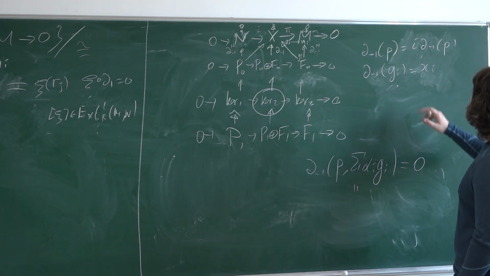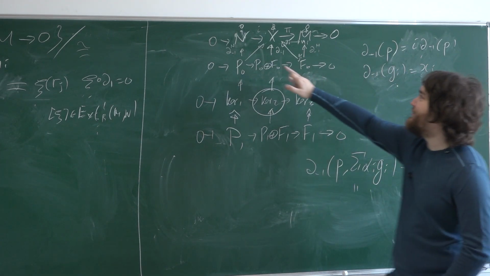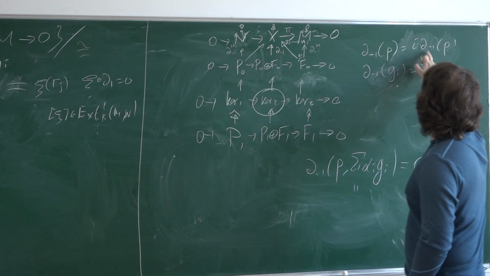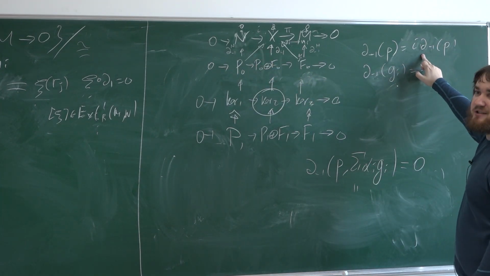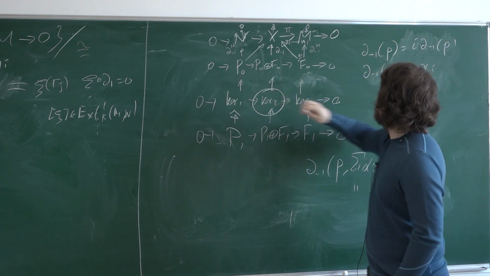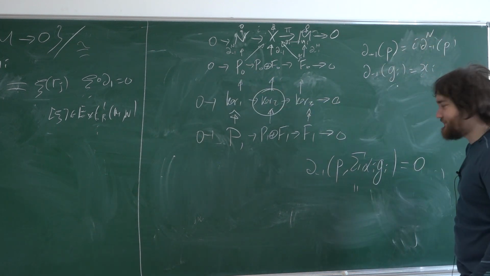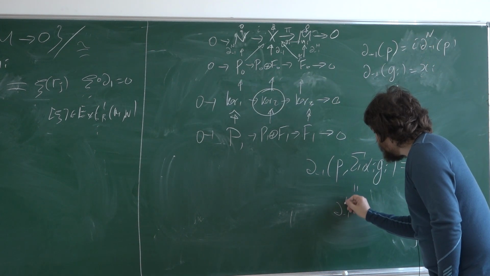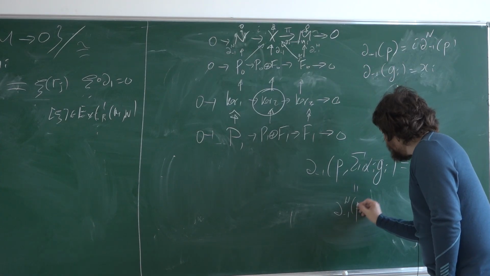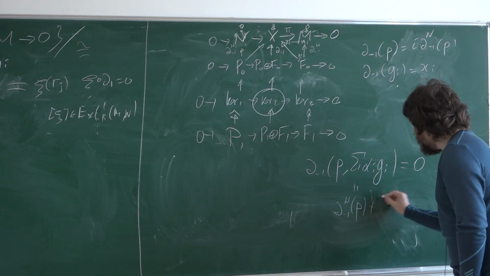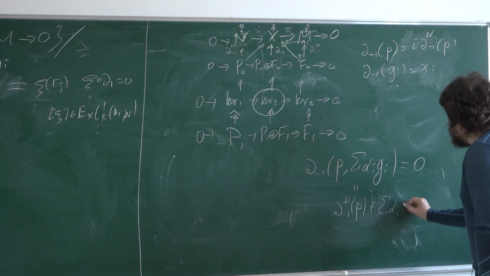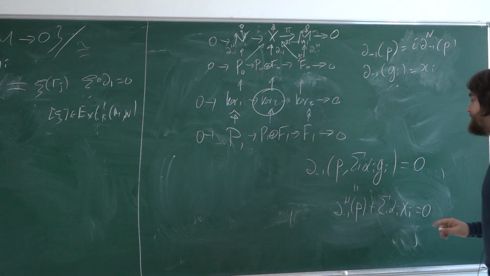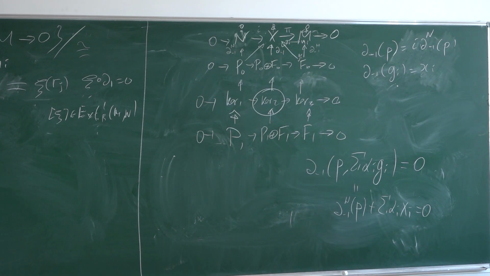let me ignore I because it's just an inclusion. I will write just d minus 1 for n. Okay, it's d minus 1 for n of p plus some elements alpha i xi, and this is 0 in X. And what does it mean?